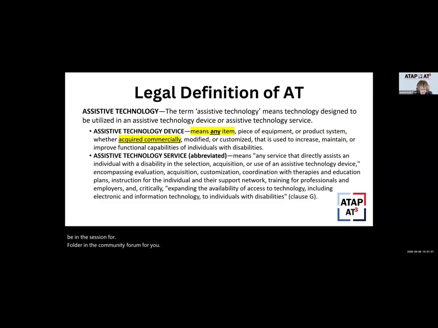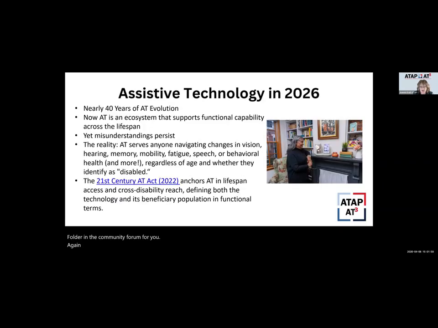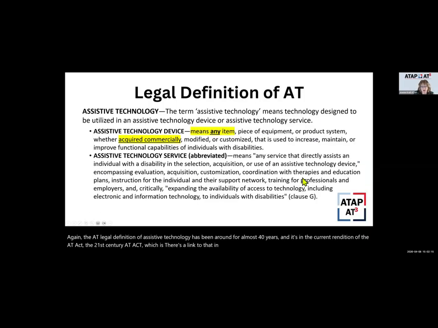Again, the legal definition of assistive technology has been around for almost 40 years. And it's in the current rendition of the AT Act, the 21st Century AT Act, and there's a link to that in your slides. I also want to point out that the legal definition of assistive technology means any item, and I think sometimes that gets left off, whether it's acquired commercially.